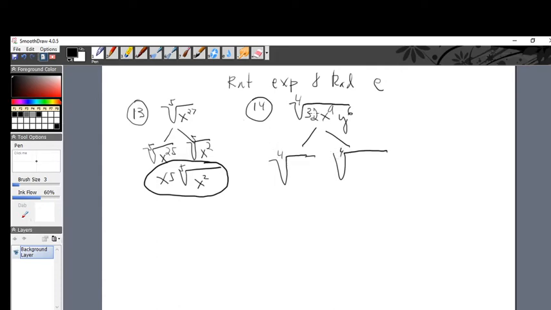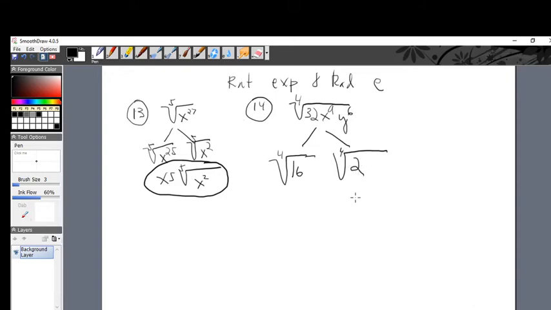Now 32. Can I break that into two pieces, and one of them is perfectly a fourth root, so we'll get ourselves a regular number? The answer is yes: 16. I'll be able to take the fourth root of 16, so put 16 on the left and put 2, the leftover, on the right. 16 times 2 is 32.